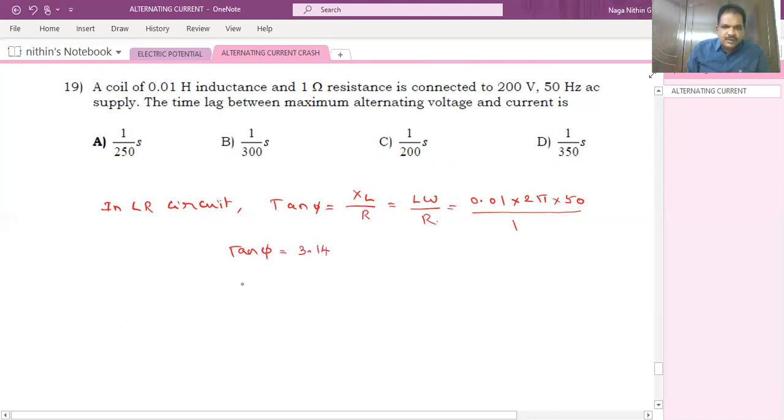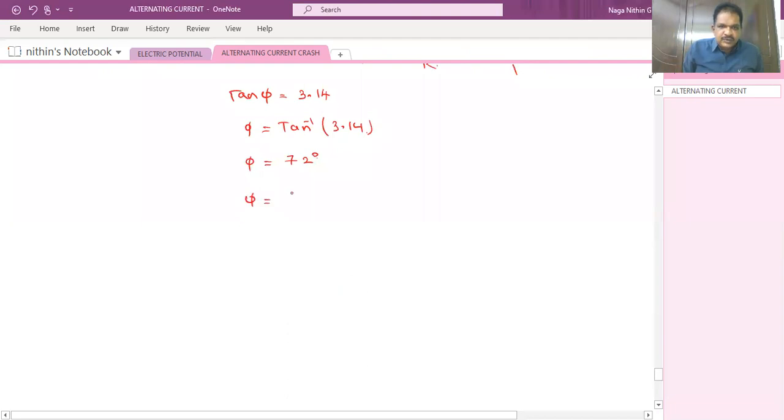And then phi is equal to tan inverse 3.14. This value will be 72 degrees. Convert this into radian. So phi is equal to 72 into pi by 180 radians. This is 4, this is 10. So 0.4 pi radians.